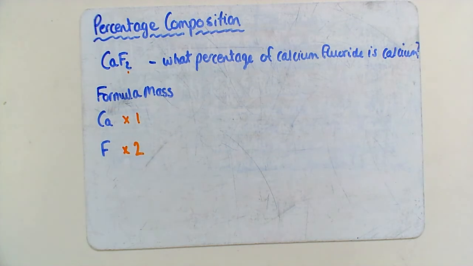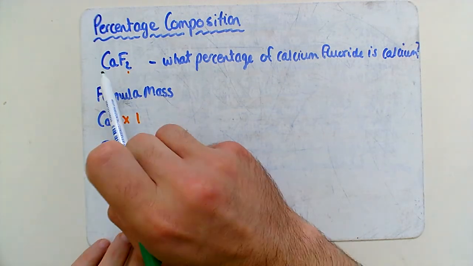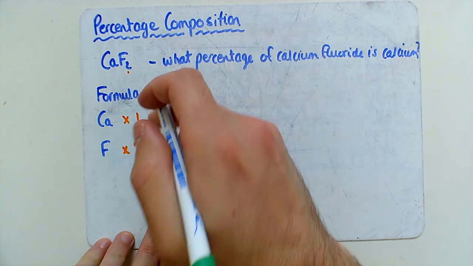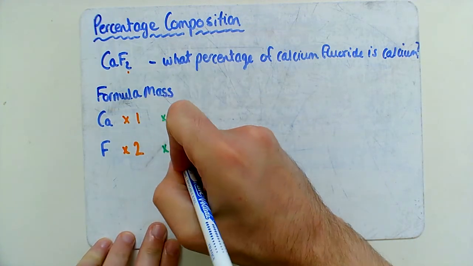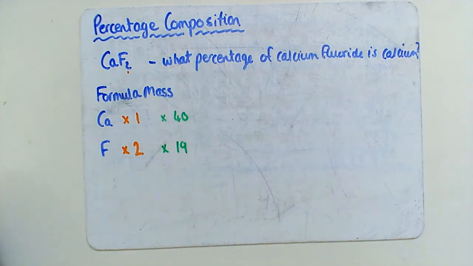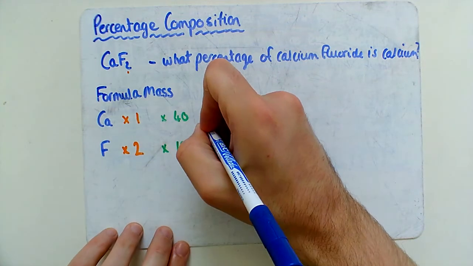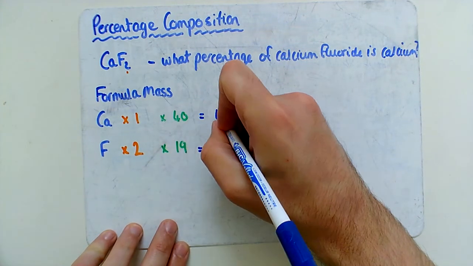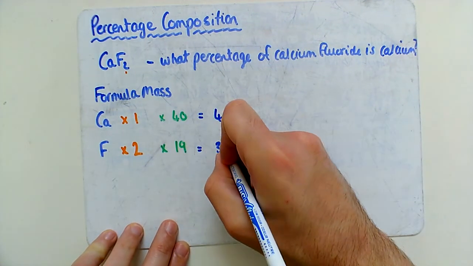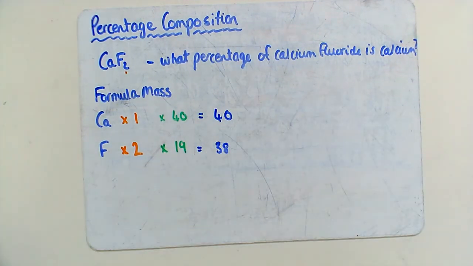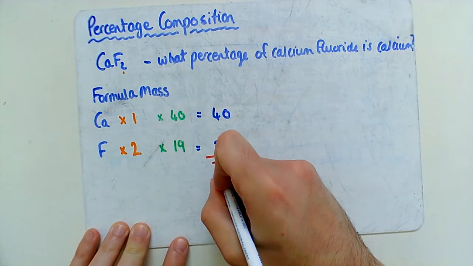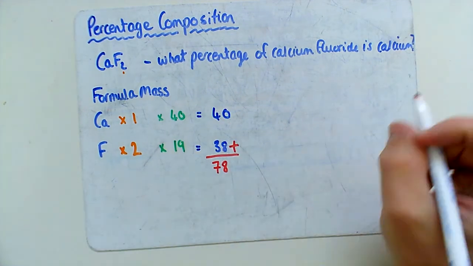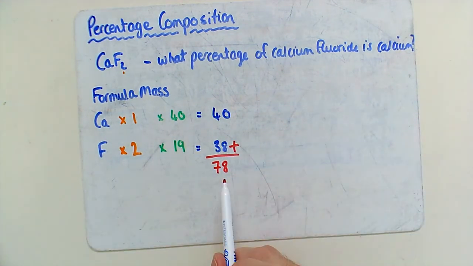We then look up the data booklet, page 7, to find out what each element weighs. Calcium weighs 40, fluorine weighs 19. We do the multiplication. We get 40 and 38, and we add them up, and that gives us 78. So that is the formula mass.